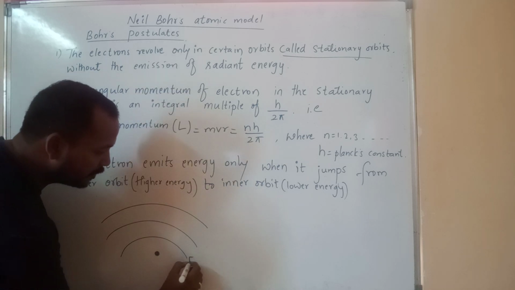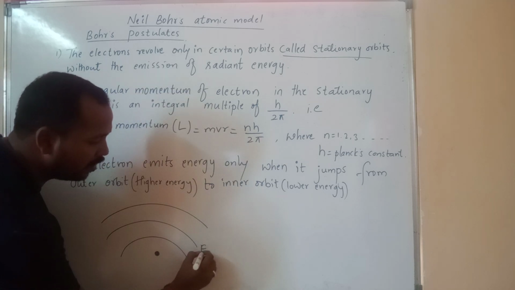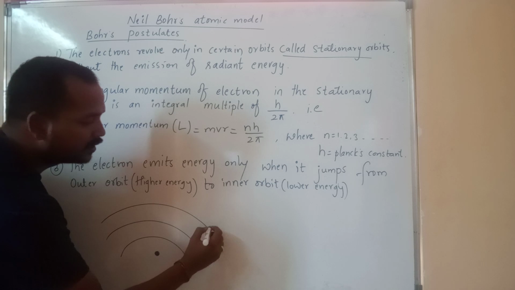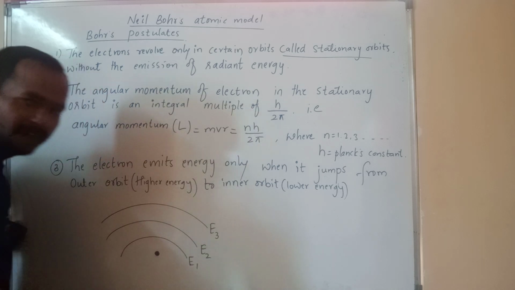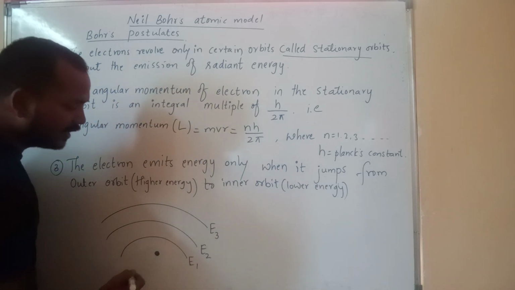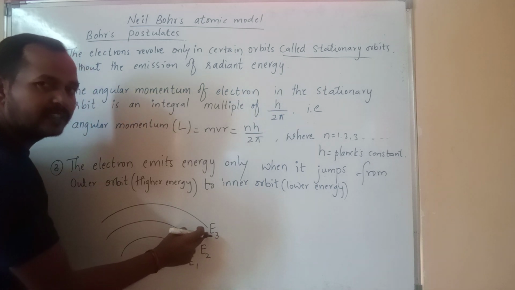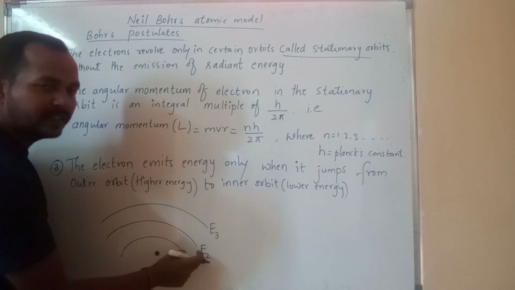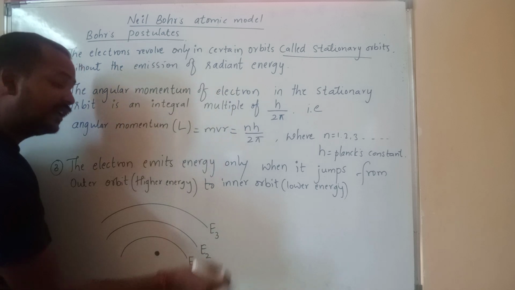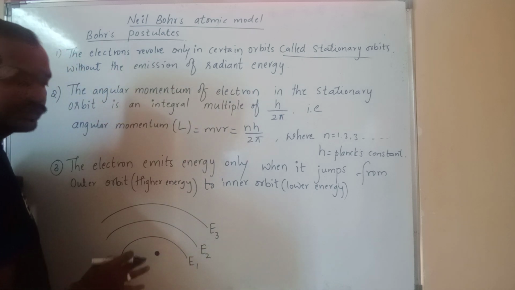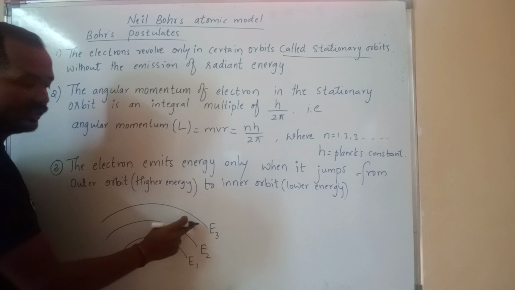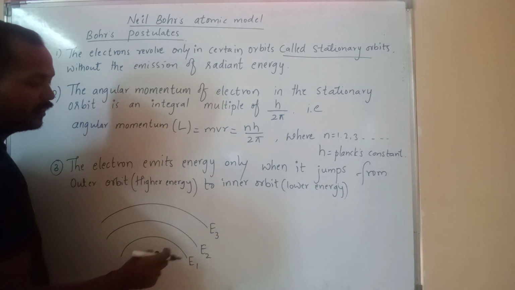Here the first orbit energy is E1, second orbit energy is E2, third orbit energy is E3. E3 is the highest energy, E2 is less than E3 but greater than E1.